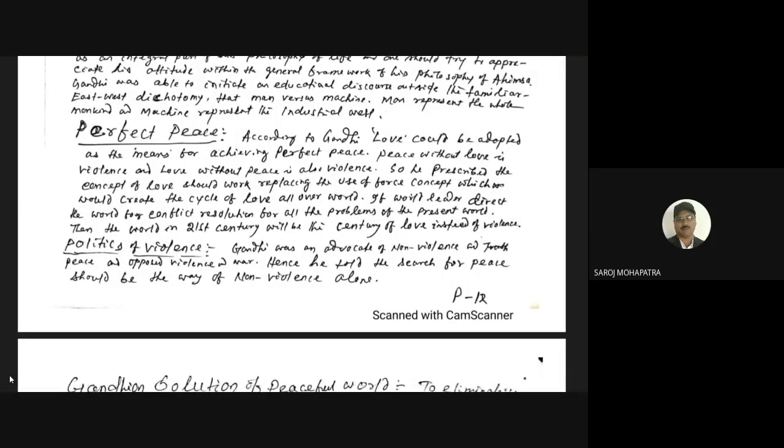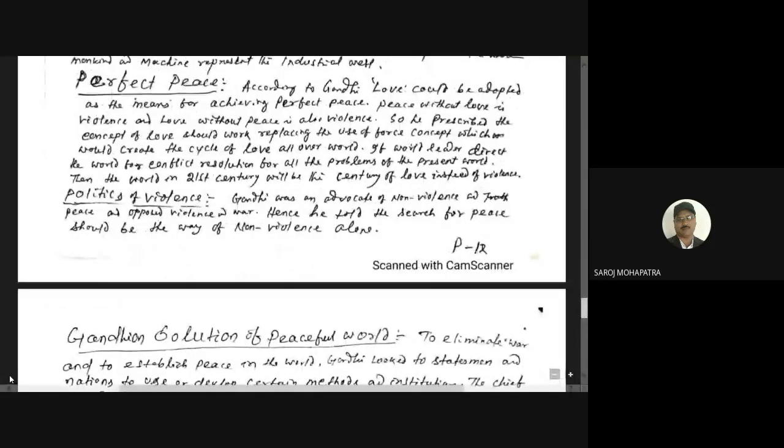Peace without love is violence, and love without peace is also violence. So he prescribed that the concept of love should replace the use of force, which would create a cycle of love all over the world.